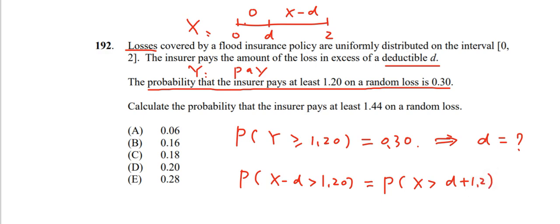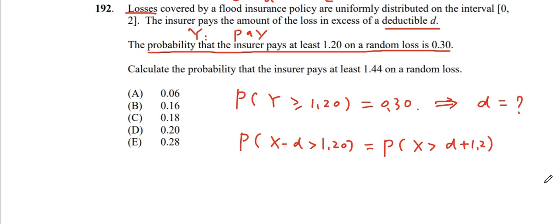Because X follows a uniform distribution, the denominator is 2, and the part larger than d plus 1.2 is 2 minus d plus 1.2.